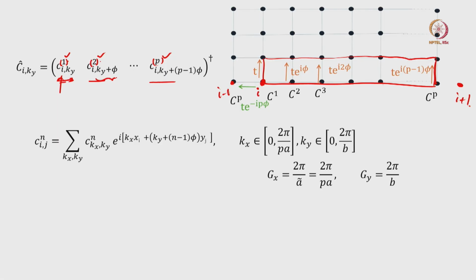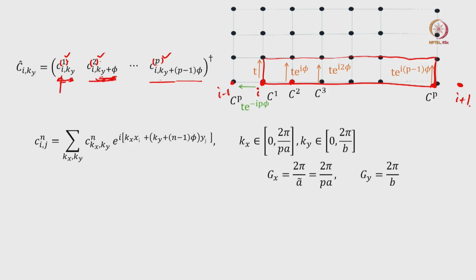And the second one, we showed it earlier, that there will be a chiral phase, and that we just added to e to the power i ky plus phi. That is what this notation means, and we keep adding all the way to p minus 1. So the total flux is phi.